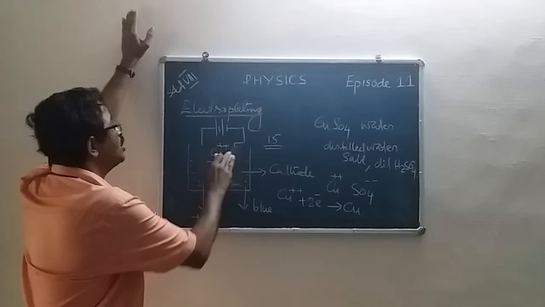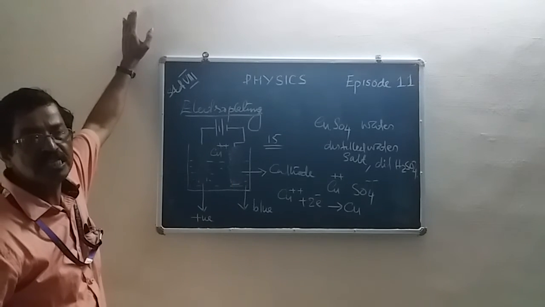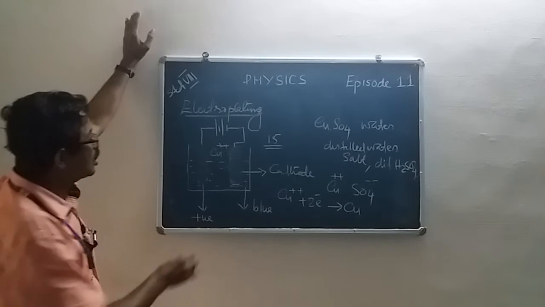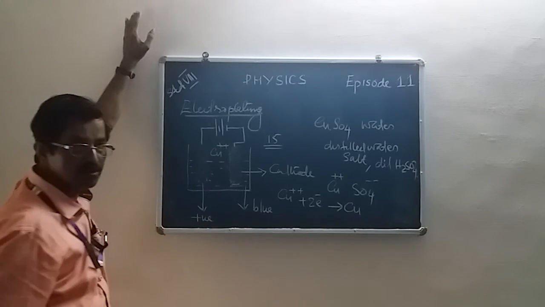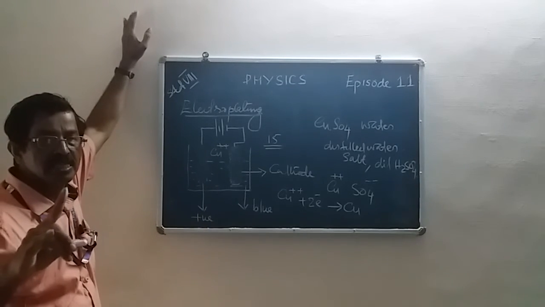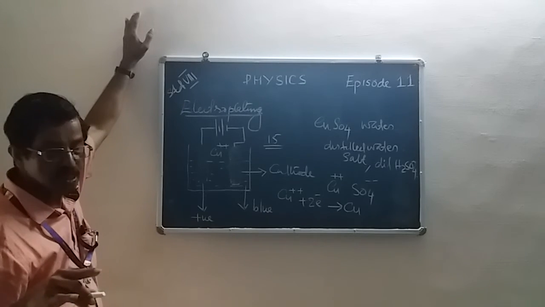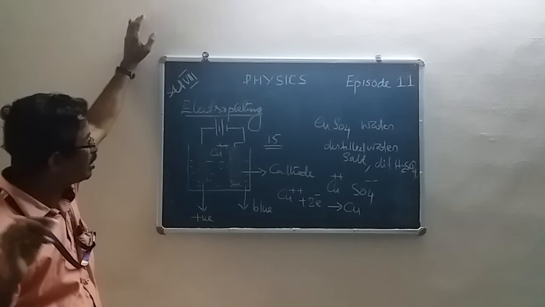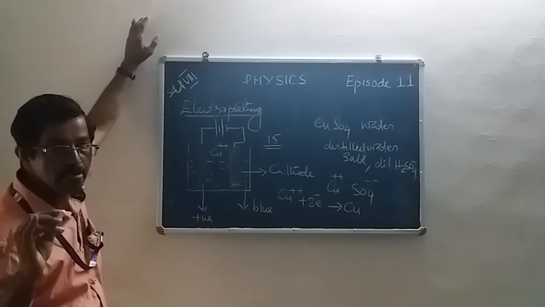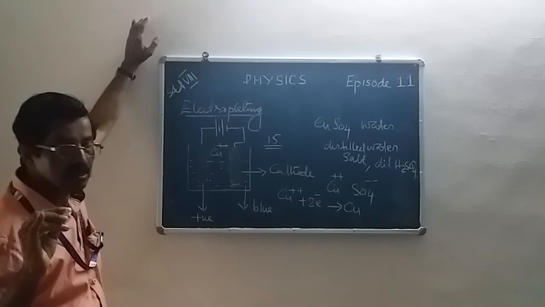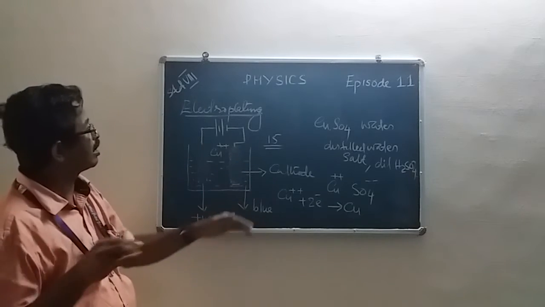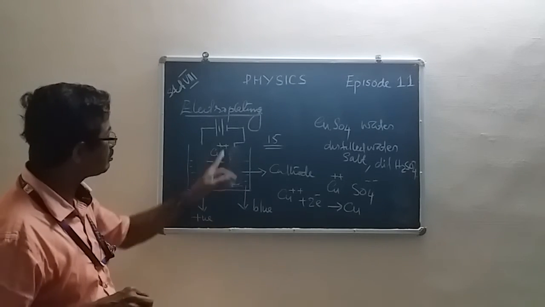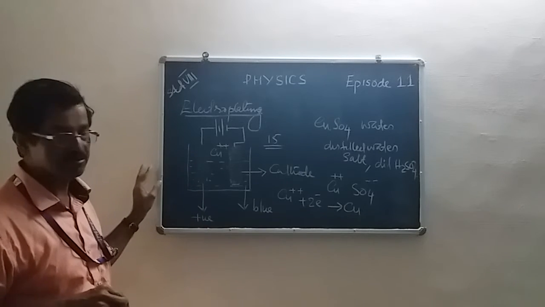To deposit copper, which electrode is taken as positive and which as negative, with copper sulfate as before?